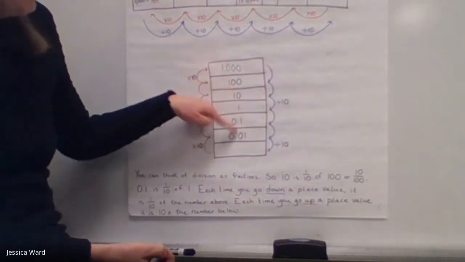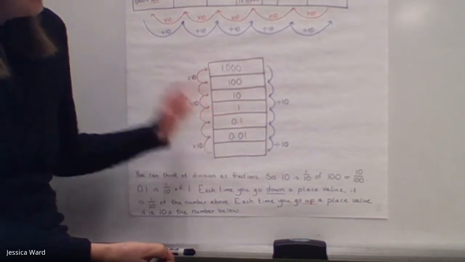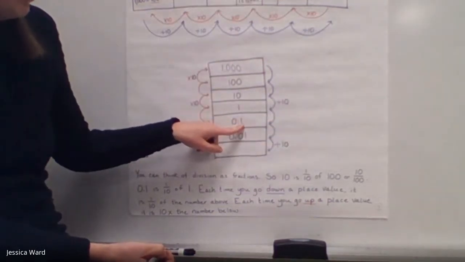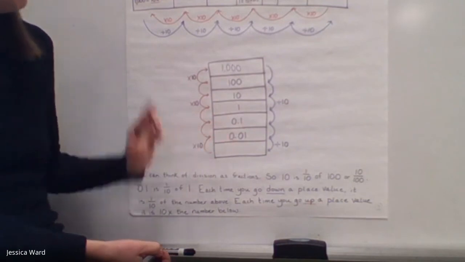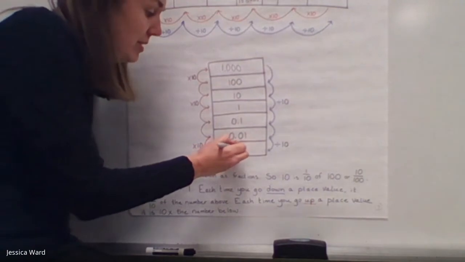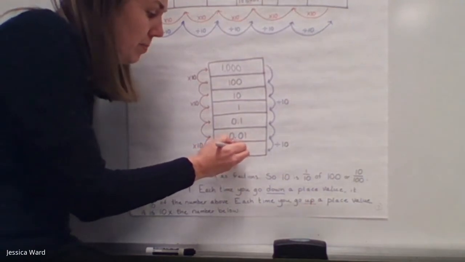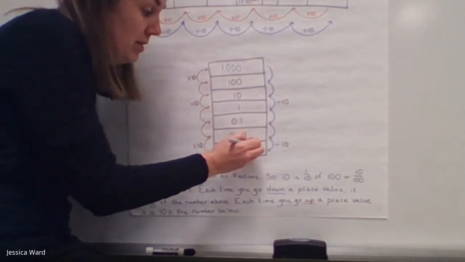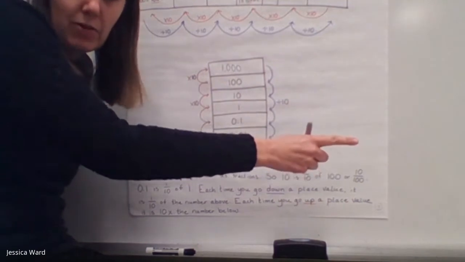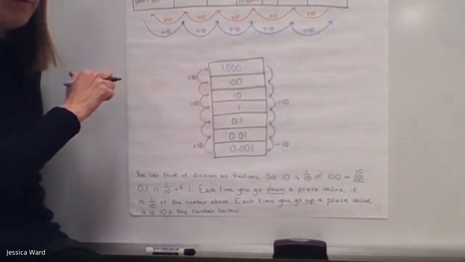Now, if we're going the opposite way, still starting with 1, now I have 1 place value to the right, or 0.1. Then I would move it 1 more place value, 0.01. So down here, I'm going to have 0.001. Because each time my 1 is moving 1 place value either to the right or to the left.